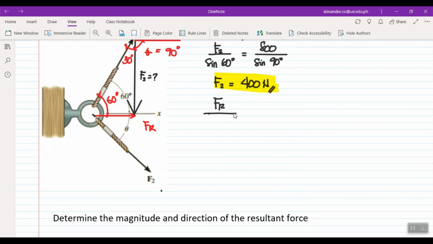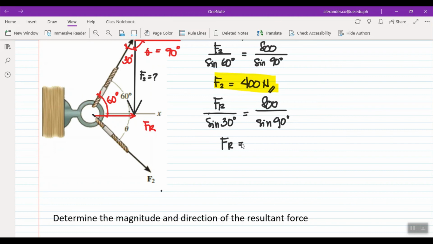F sub R divided by sine 30. Ayan, F sub R, sine 30. Tapos ito, yung kanina, copy lang natin. Ilan yan? Computing ko lang, no? Pwede nyo na i-fast forward.